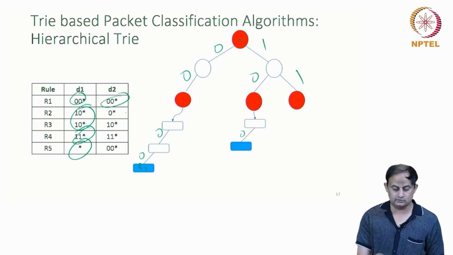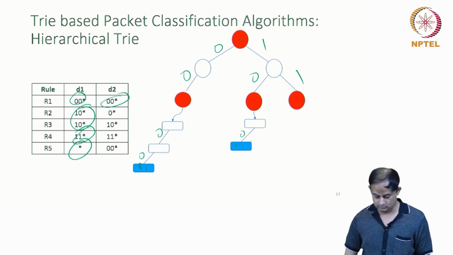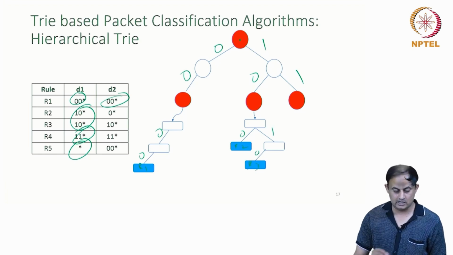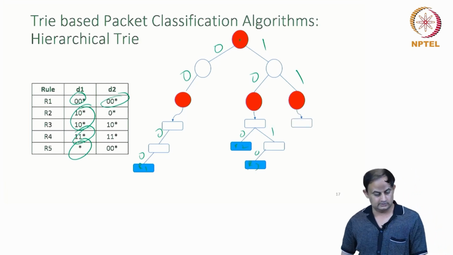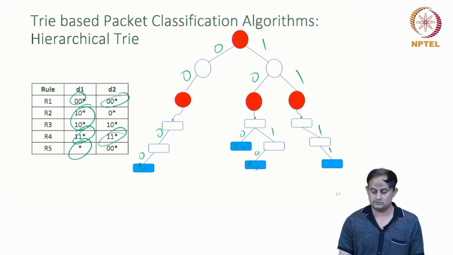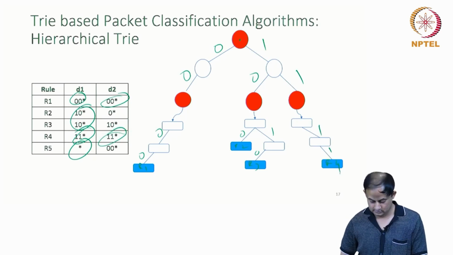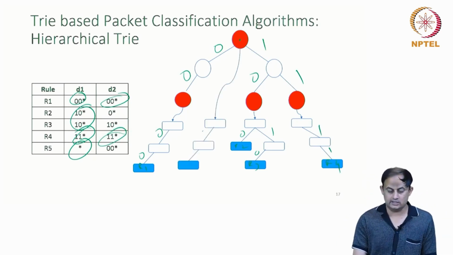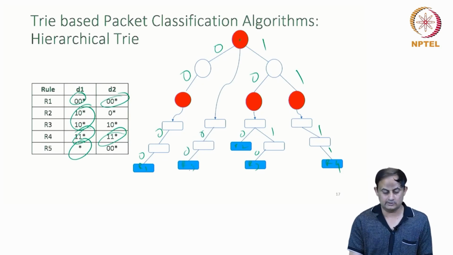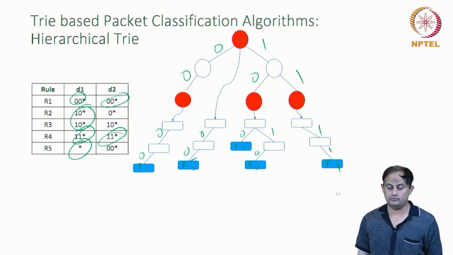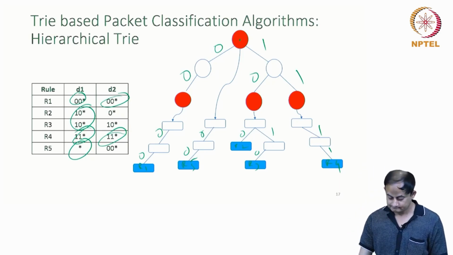So this is 0 star, this is the rule R2, and the second is 1 0 star, this is the rule R3, and 1 1 star in the first dimension followed by 1 1 star, this is the rule R4, and finally for star and 0 0 star, this is the rule R5. So this is how you construct the hierarchical trie, one dimension at a time.